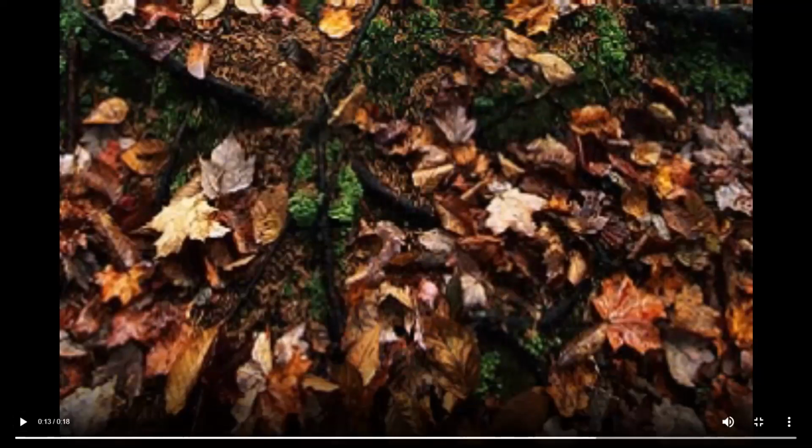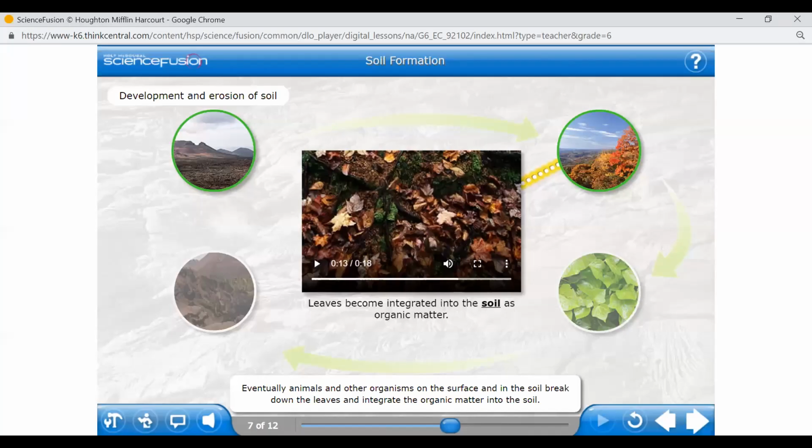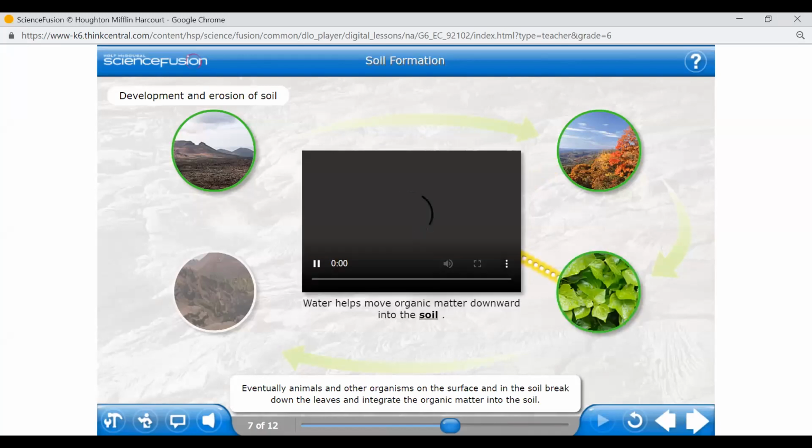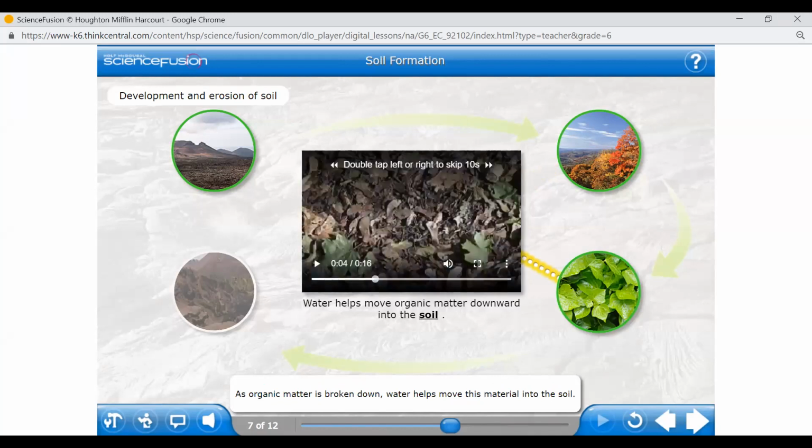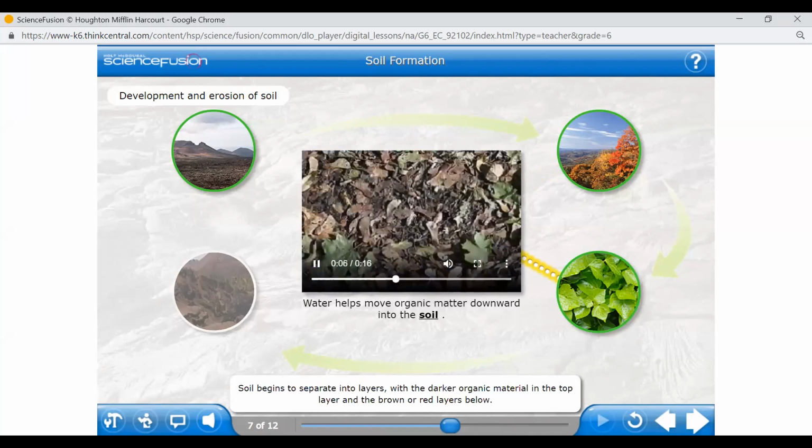These leaves came from somewhere else by wind, but how do they go into the ground? Either animals burrow and send these leaves inside, or layers of rock come onto them and form a layer, or the plant roots do it. This way they go inside and mix with the soil and become humus. As organic matter is broken down, water enters the soil. Soil begins to separate into layers.